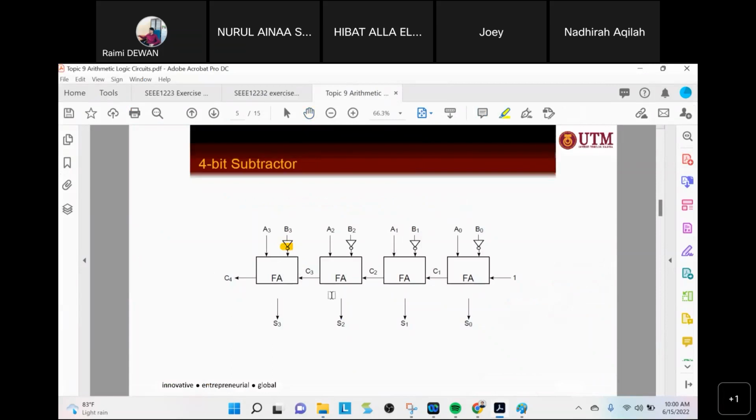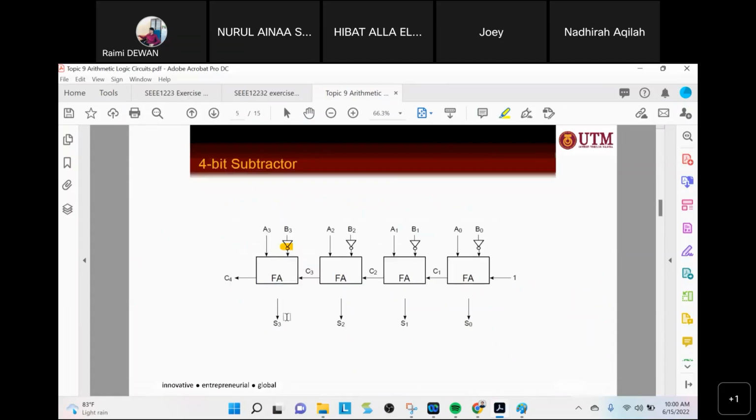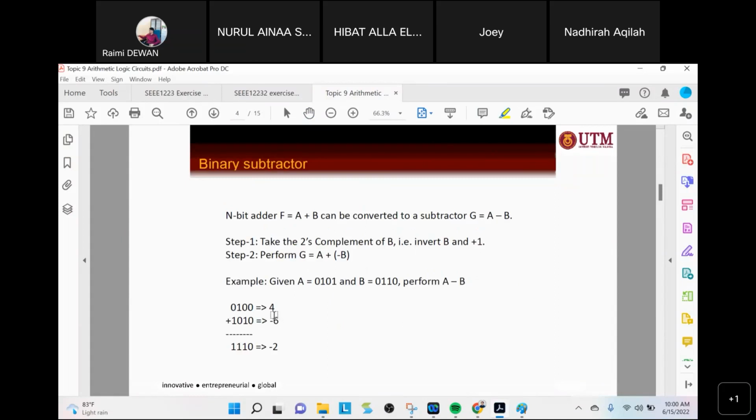It is performing the subtraction. So it's already there. I'm not sure you guys tried or not. I did ask you guys to try, right? We already have an example. You need to try and then you get the answers. But if you don't try, how? Okay, so this is a subtractor.